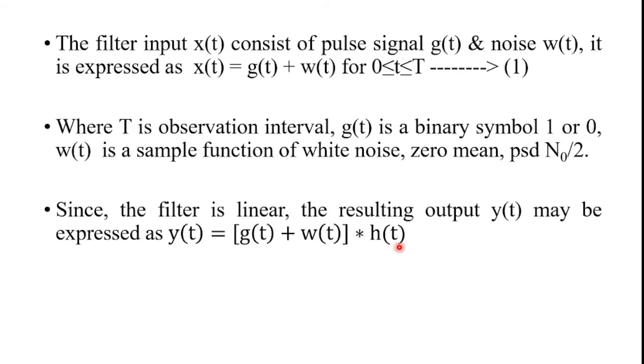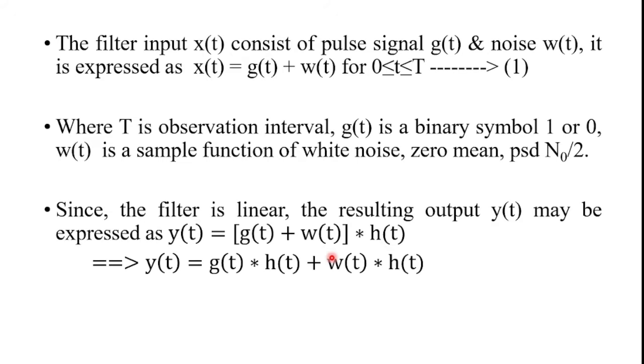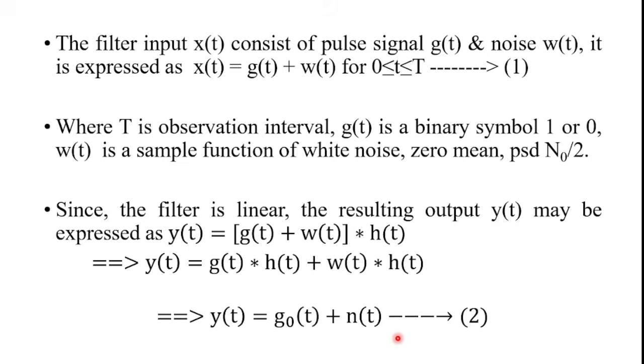Multiplying h of t within the bracket term, we have y of t equals g of t convolution h of t plus w of t convolution h of t, which is equal to g naught of t plus n of t, where g naught of t is g of t convolution h of t, the output signal, and n of t is w of t convolution h of t, the output noise signal.